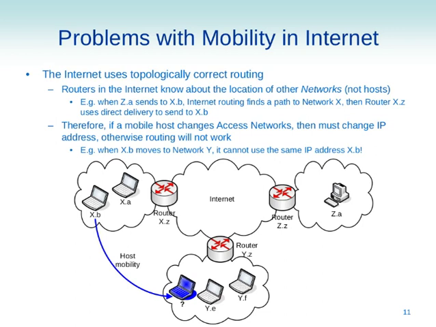What about X.Z? What would its routing table entry be? Or one of them at least. If we're considering the packet that needs to get to host X.A, what do you think router X.Z will have in its routing table? What's the destination?